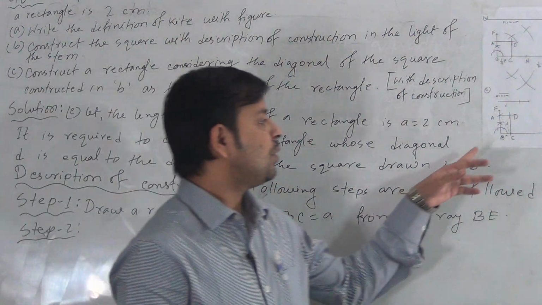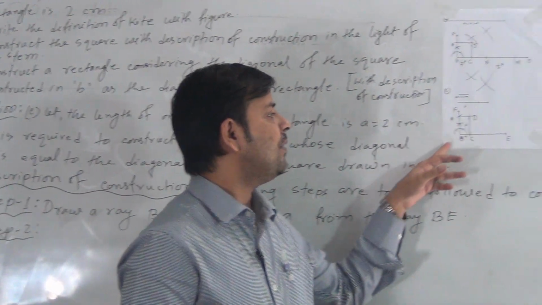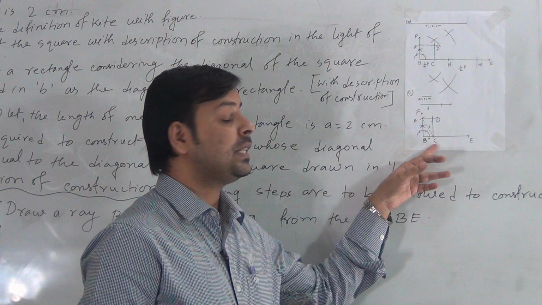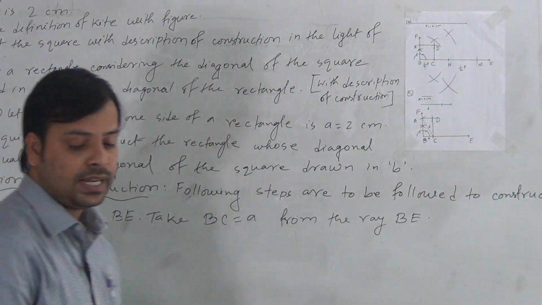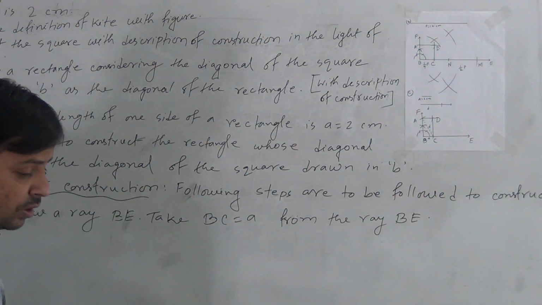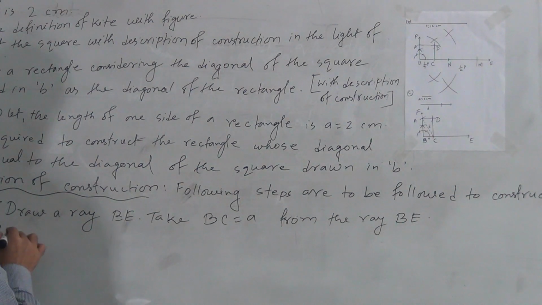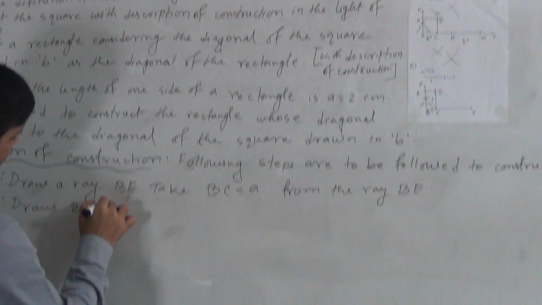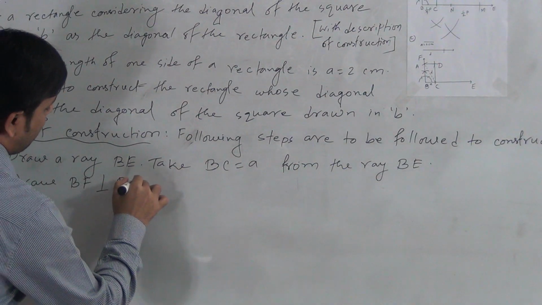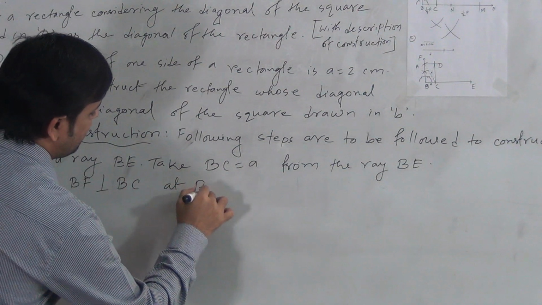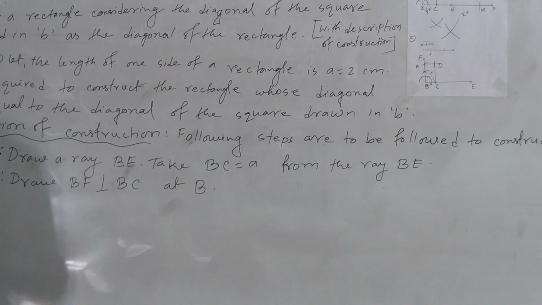Then I have drawn a perpendicular BF to BC at B. So I can write here: draw BF perpendicular to BC at B.